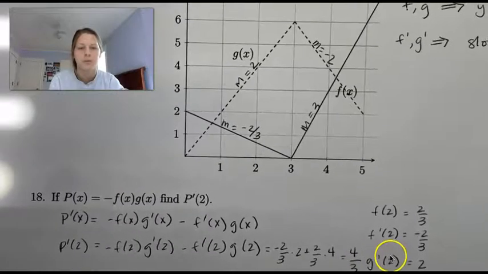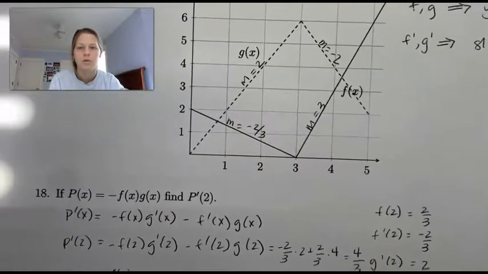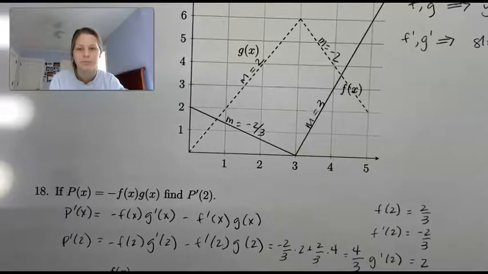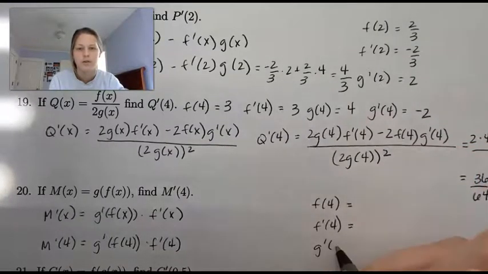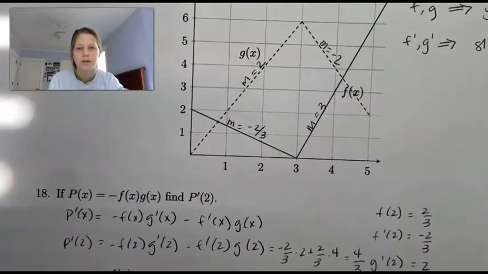Okay, it's a little crooked, but it still serves its purpose. So f of 4 is 3.